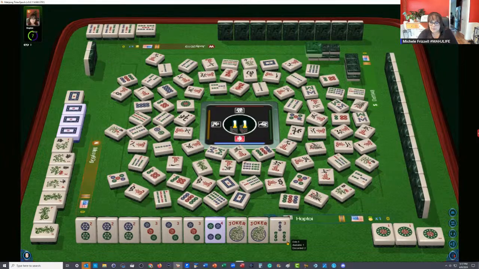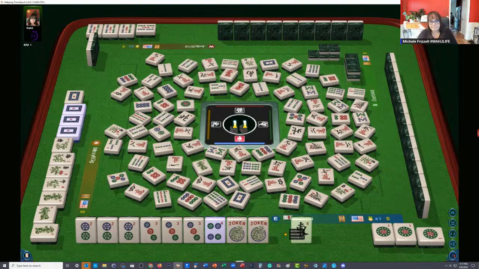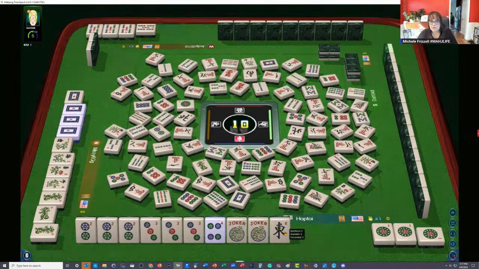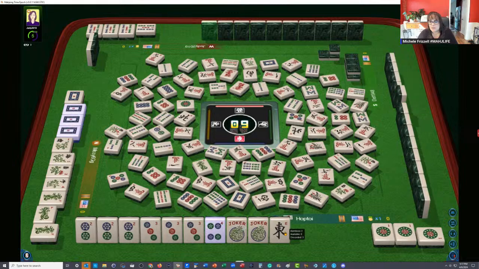9 bamboos. East. None are out. 3 bamboos. There are no easts out. West wind. Oh, well, there goes a west. 5 characters.